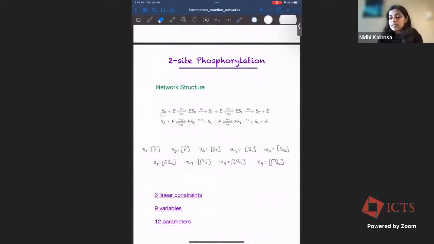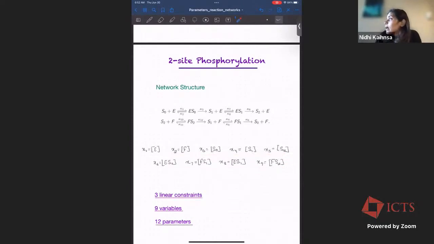And similarly for F0. Those will be exactly the three linear constraints. For example, here x1 plus x6 plus x8 should be constant, and x9 plus x7 plus x2 should be constant, and the rest of them should be constant.